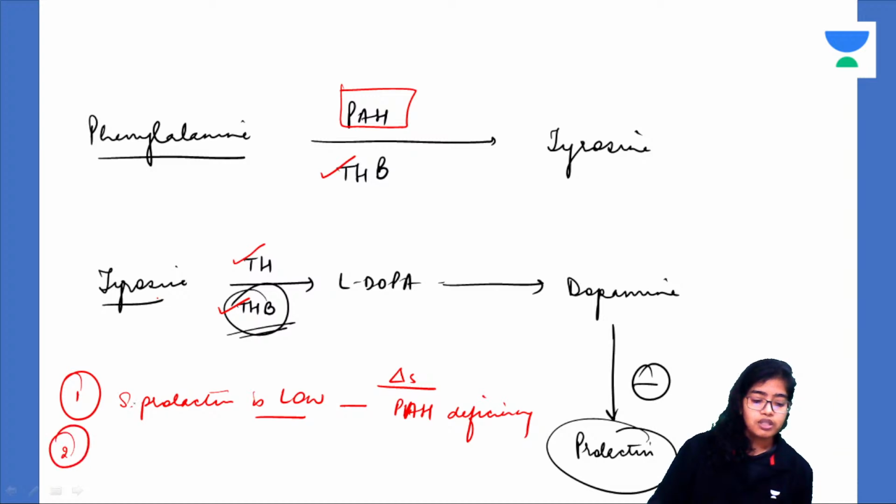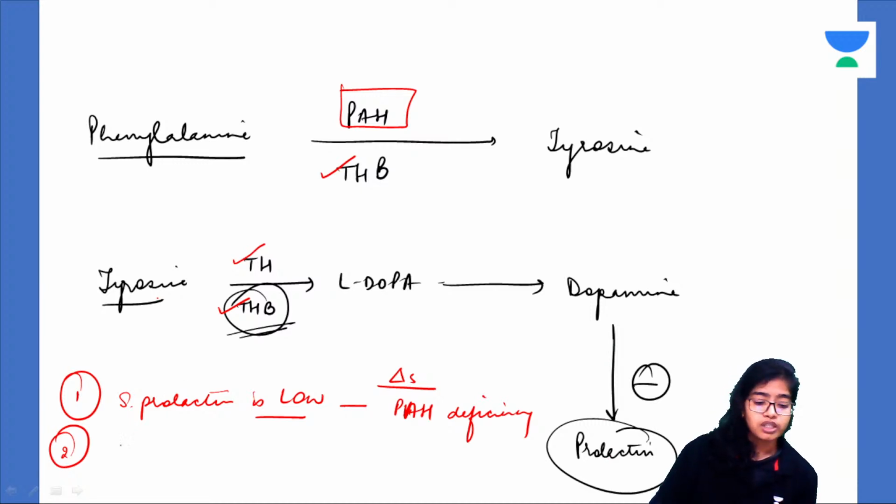The second scenario is when there is deficiency of tetrahydrobiopterin. Now phenylalanine cannot convert to tyrosine. If you give tyrosine from outside, the tyrosine will also not be able to convert to dopamine significantly, because this enzyme also requires tetrahydrobiopterin as the cofactor. Now dopamine is not present to inhibit prolactin synthesis.